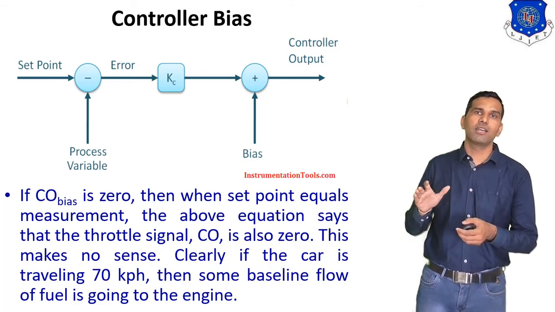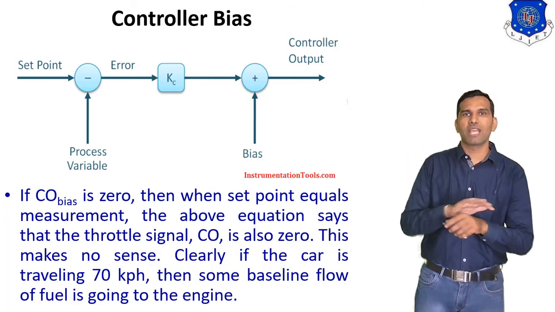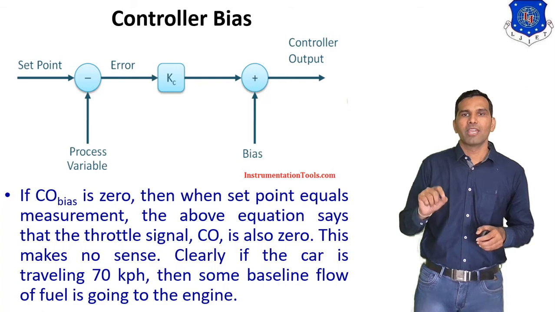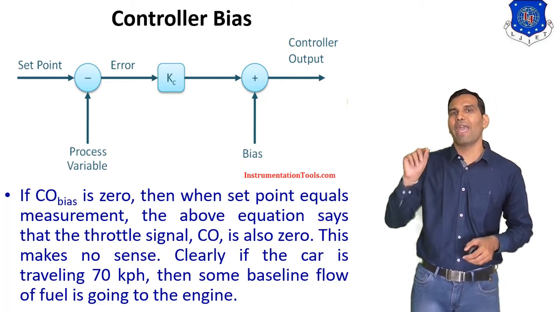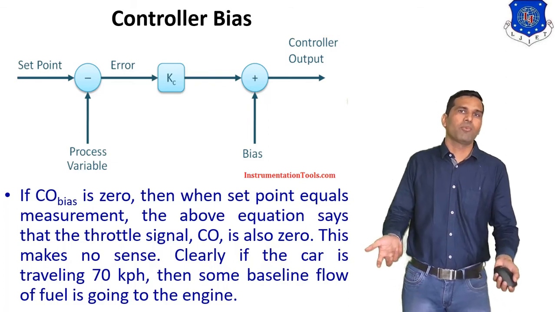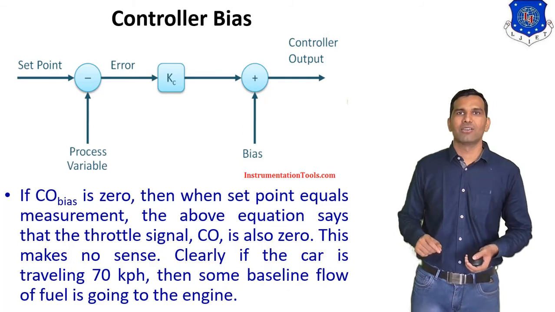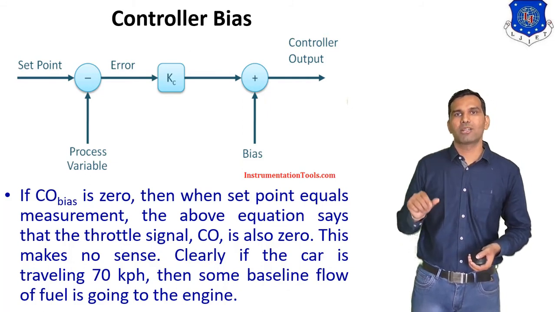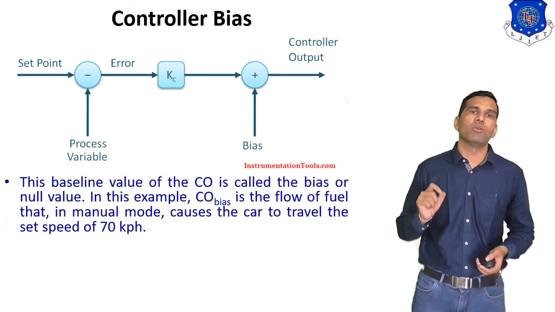That means no signal goes to the throttle. This makes no sense. If the car is traveling at 70 km per hour, then some baseline flow of fuel going to the engine is necessary. Otherwise the car would stop. So here we require a bias signal for the minimum operation of the car to maintain the speed at 70 km per hour.